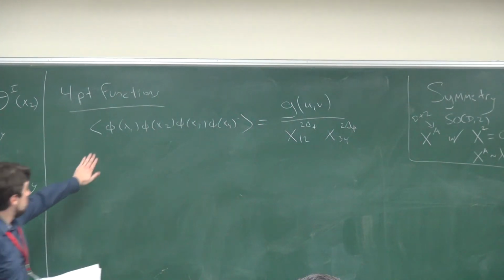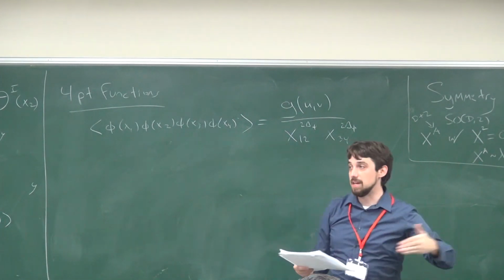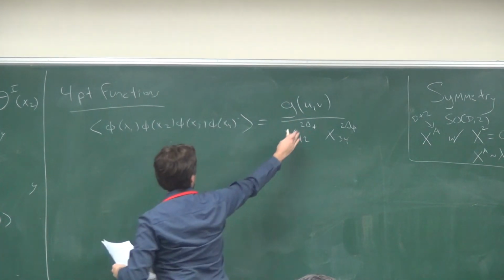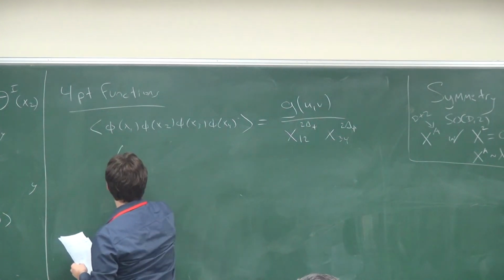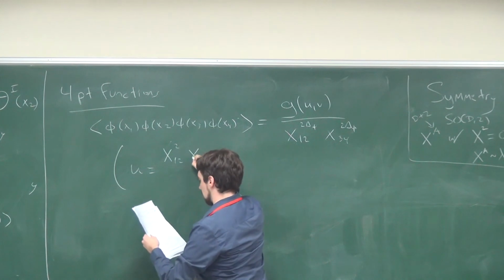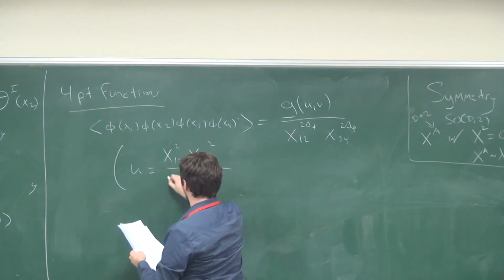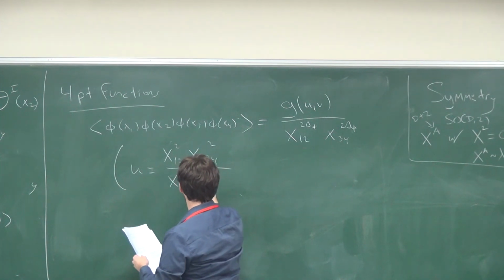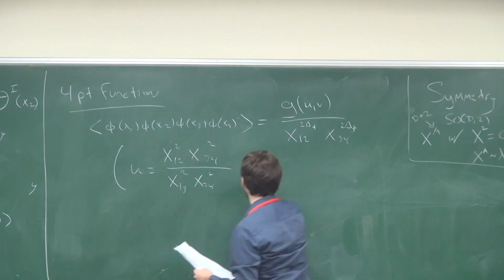And in fact, when I have 4 points, there are 2 conformally invariant cross ratios that I can build. So this u and v appearing in this function are quantities that I can build out of the 4 points, x12 squared, x34 squared, x13 squared, x24 squared.